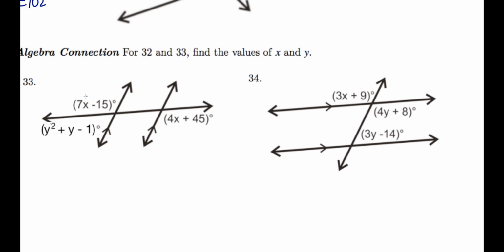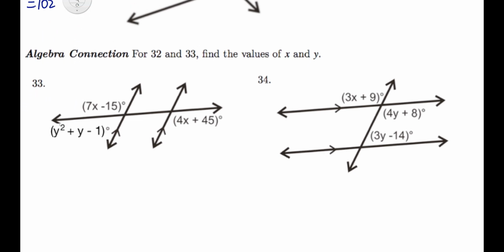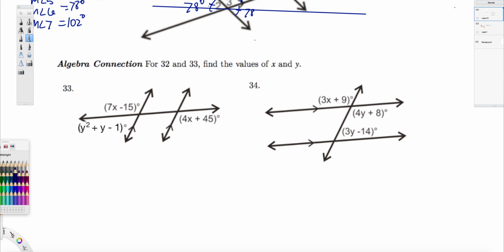So for 33, let's just do this last one. y squared plus y minus 1 is a linear pair with 7x minus 15. 7x minus 15 angle is alternate exterior with the 4x plus 45.